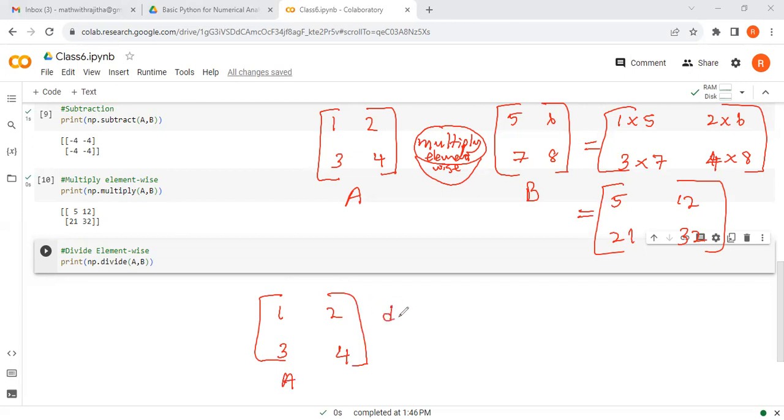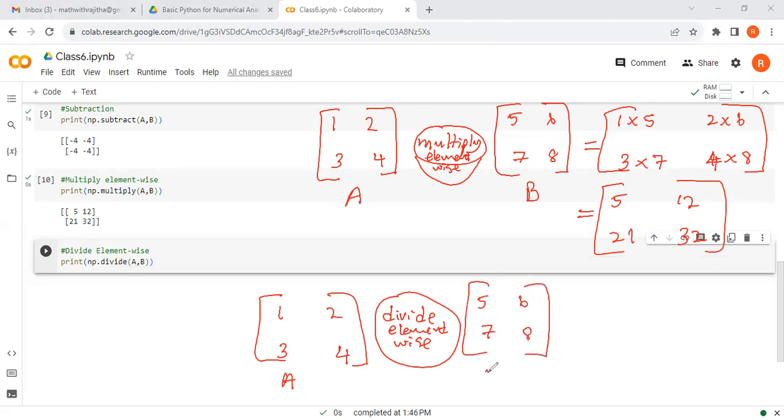The operation is divide element wise. B matrix is 5, 6, 7, 8. So divide the entries in A by the corresponding entry in B.